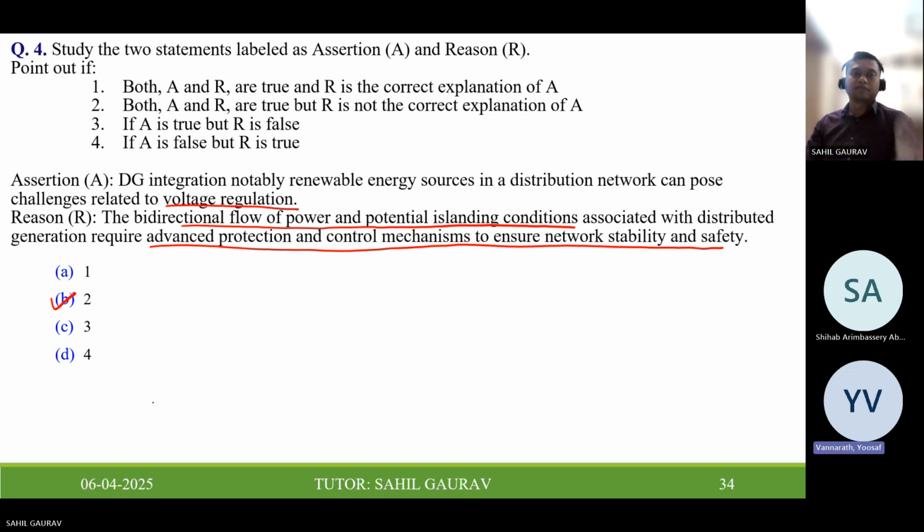That is not the reason for A, but it can be a condition for A. To overcome the issue in A, we need to apply advanced control mechanisms and protection, but that's not the reason for it. Yeah, correct. Very good.